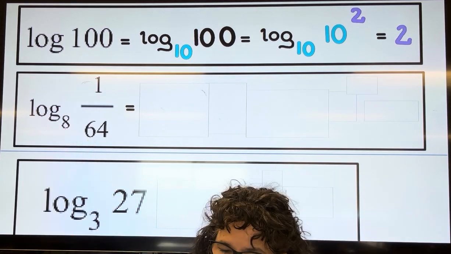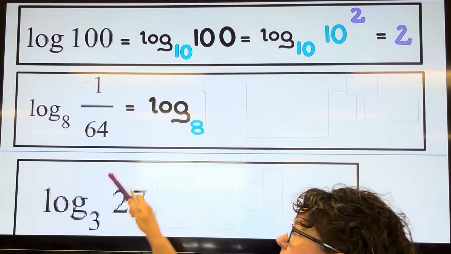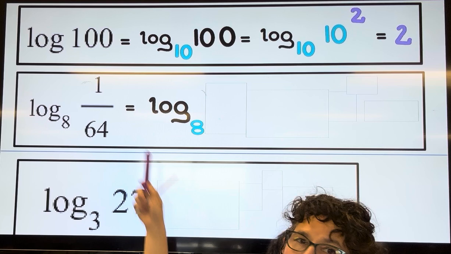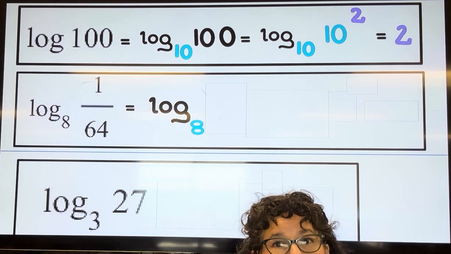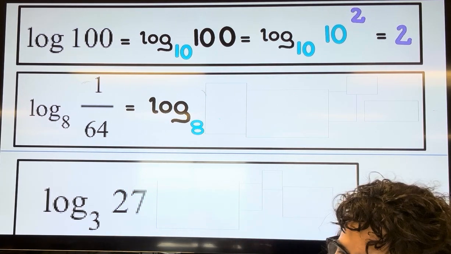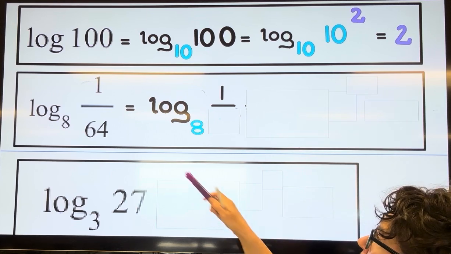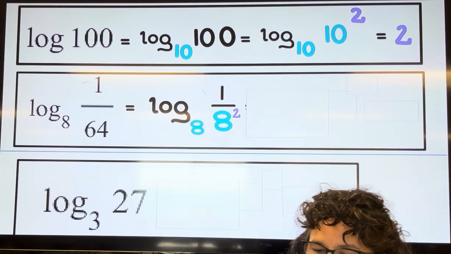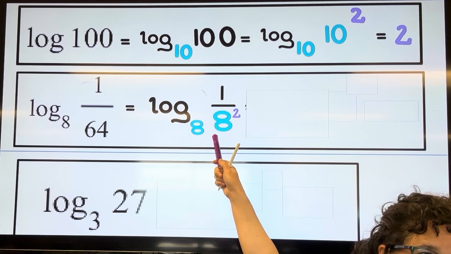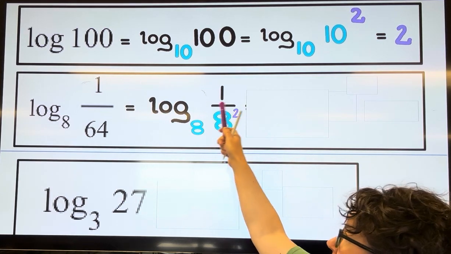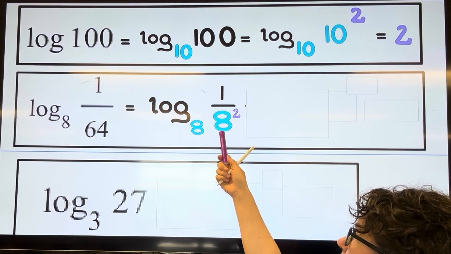All right, this one, the base is 8. So I need to rewrite 1 over 64 as 8 to the power of something. Let's start off by just saying, well, what is 64? 64 is 8 times 8, 8 squared. Now that I have this, hopefully it's a little easier to see.